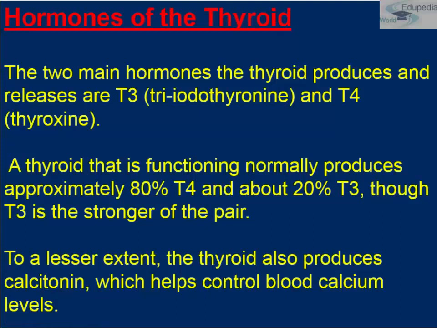And if you ask what is the function of T4 and T3, I'm giving you just an overview. The function of thyroxine helps in general metabolism and protein metabolism, because it controls production of protein.